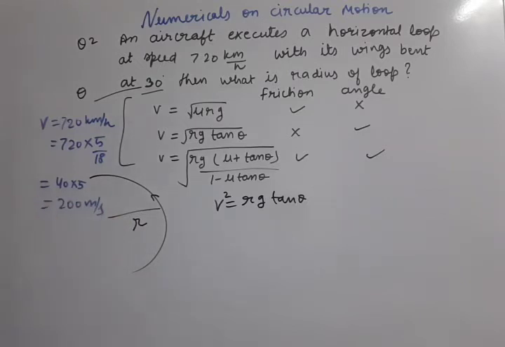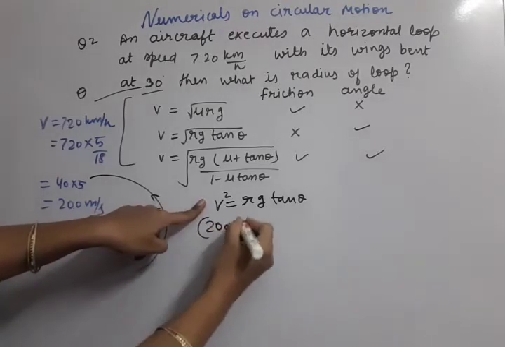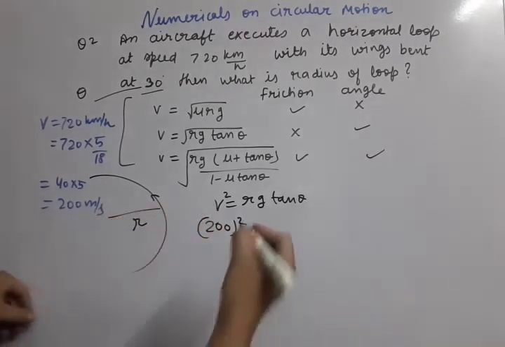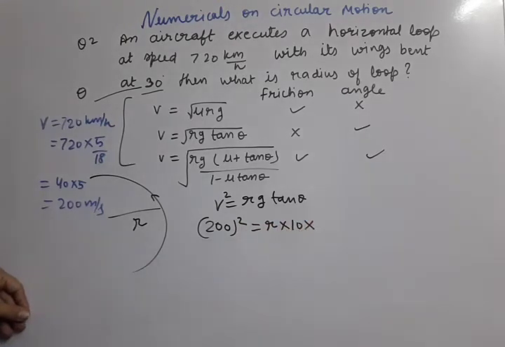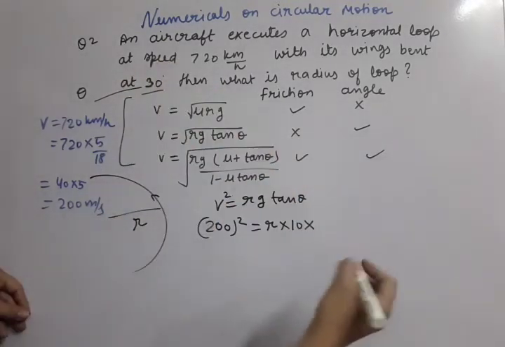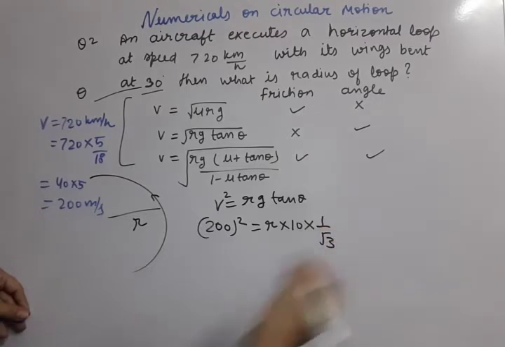So velocity is converted as 200. We apply it here. So 200 square is the velocity in meter per second. Radius is not given. Let us take g as 10, and tan 30 because the angle given is 30. Tan 30 is 1 by root 3.